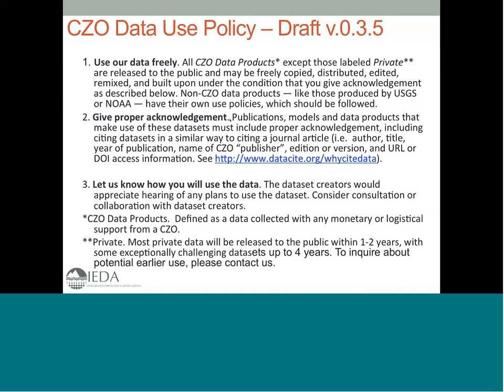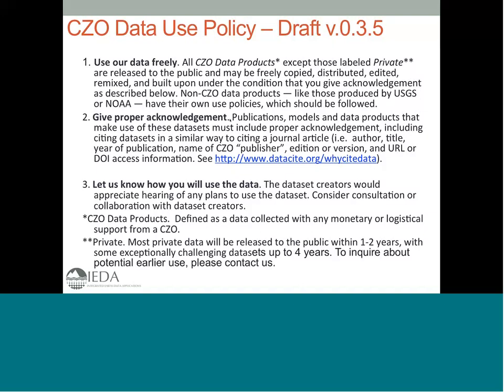All of our data products, except those labeled private, are released to the public and may be freely copied, distributed, edited, remixed, etc. Non-CZO data products, like those produced by USGS or NOAA, which you might point to through our portal because they're quite relevant, are obviously outside of this data use policy because those organizations have their own policies.